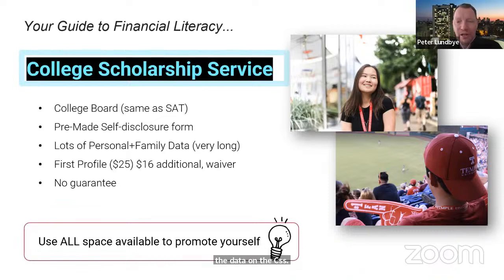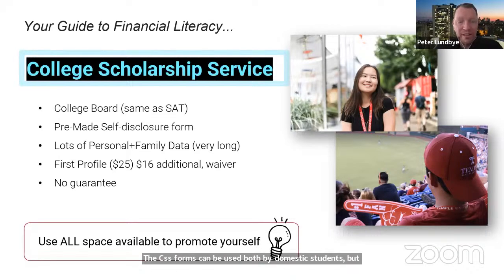It just does not necessarily require information that pertains to US citizens. The CSS forms can be used both by domestic students, but also by international students. It takes quite a while to fill it out. I believe it's about 10 or 13 pages or so. So do start early if you plan to submit a CSS form.